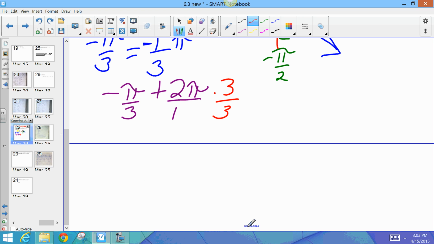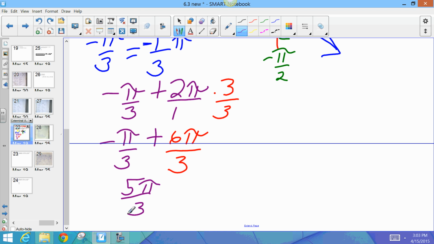So this is negative pi over 3 plus 6 pi over 3. Now that the denominators are the same, I can add the numerators. Negative pi and positive 6 pi is 5 pi. All right, so that's my coterminal angle right there.